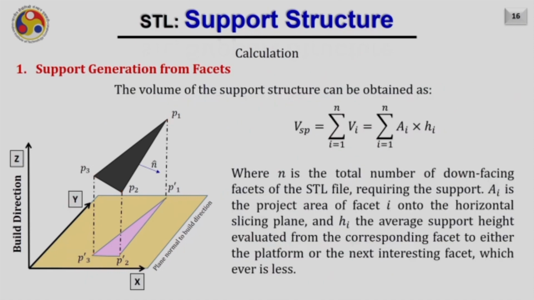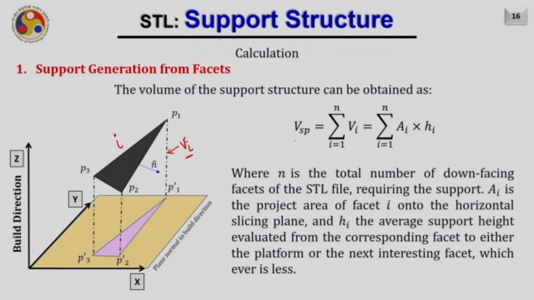Now, let us try to find out the volume of the support which we are generating. If this is the ith triangle and the volume which we are trying to find out is represented by Vi, that is the volume corresponding to the ith triangle support.